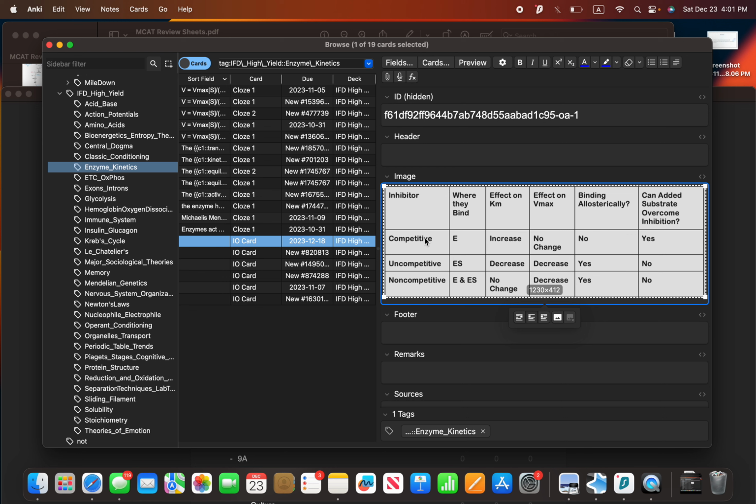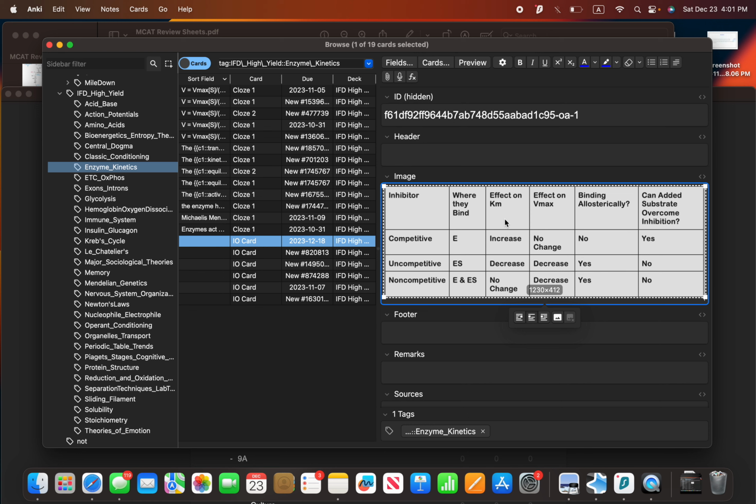Now, the uncompetitive inhibitor is, so the hard part is about the uncompetitive and the non-competitive. So these two, how do you make sense between uncompetitive and non-competitive? What is the difference? We will see. So the effect on Km.